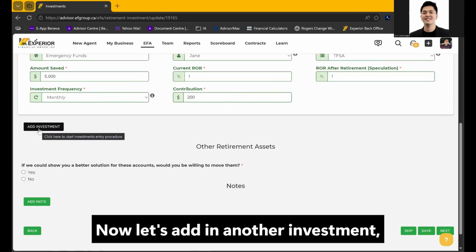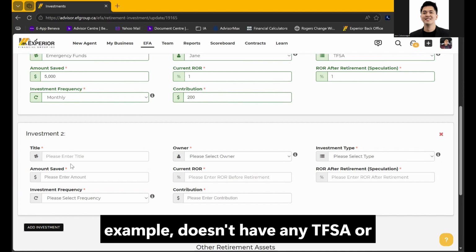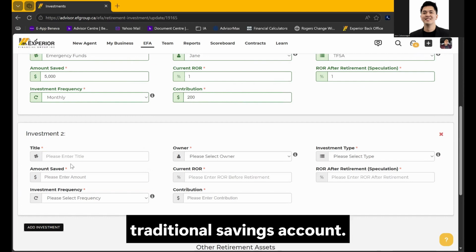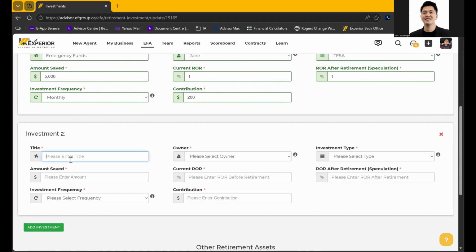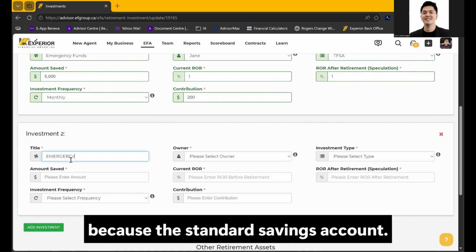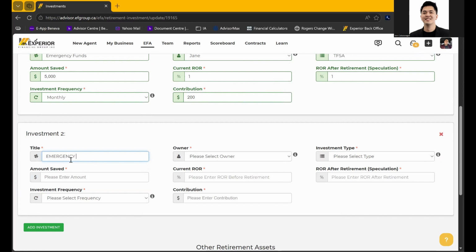Now, let's add in another investment. Let's say the client, like John, for example, doesn't have any TFSA or RSP, and it's just in a traditional savings account. Then you type in emergency fund again because a standard savings account that's not in a TFSA could also be an emergency fund.